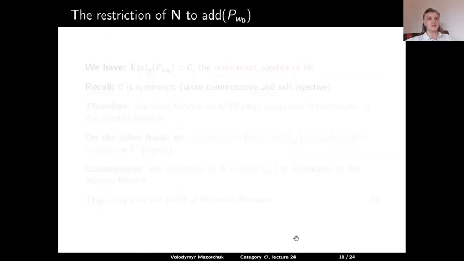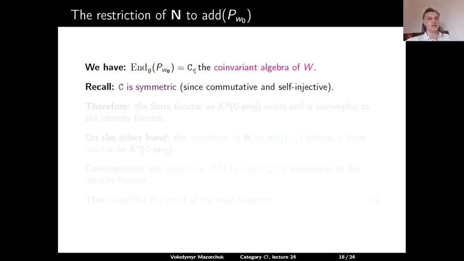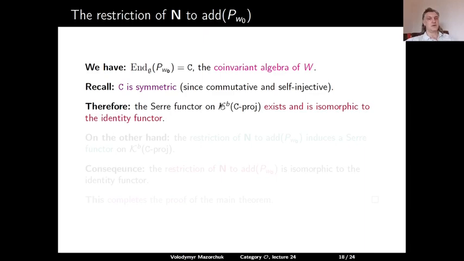So let us now discuss the restriction of the Nakayama functor to P(w0). We know that the endomorphism algebra of P(w0) is the coinvariant algebra C of W. And we know that this algebra C is symmetric, for example, because it is commutative and self-injective. Therefore, the Serre functor on the category of perfect complexes for C exists and is isomorphic to the identity functor.